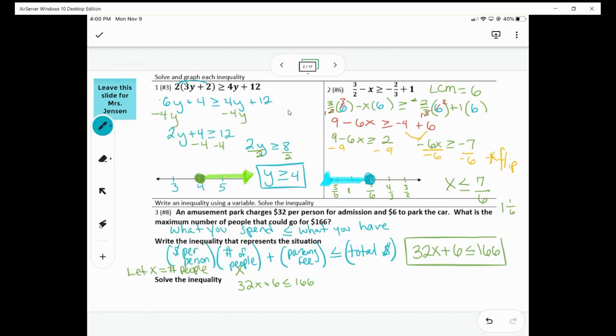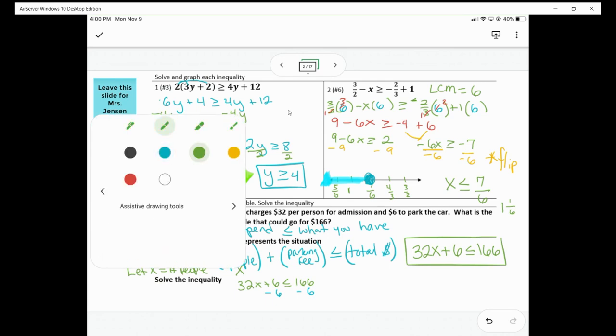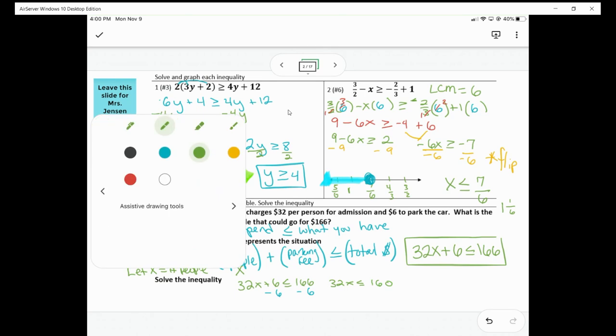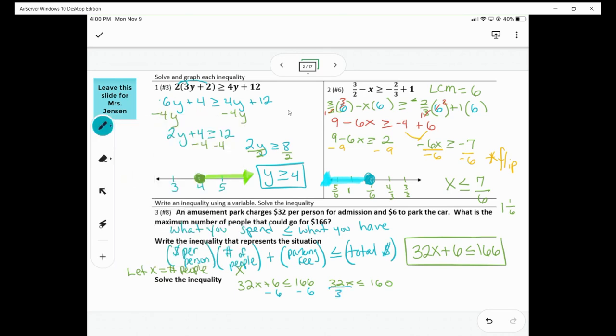So now let's solve. So we subtract 6 from both sides, and divide both sides by 32.